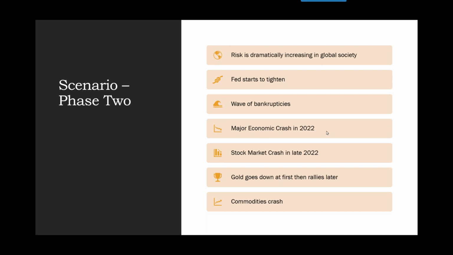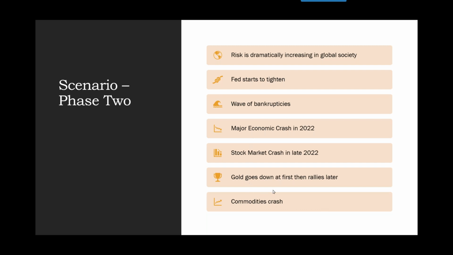And that then gives us a major economic crash in 2022, a stock market crash in late 2022. Gold goes down at first because people sell gold in order to meet margin calls on their stocks, and then it rallies after that. So that gives a great buying opportunity. And then, of course, commodities crash because now there's no money to buy them or to really store them.